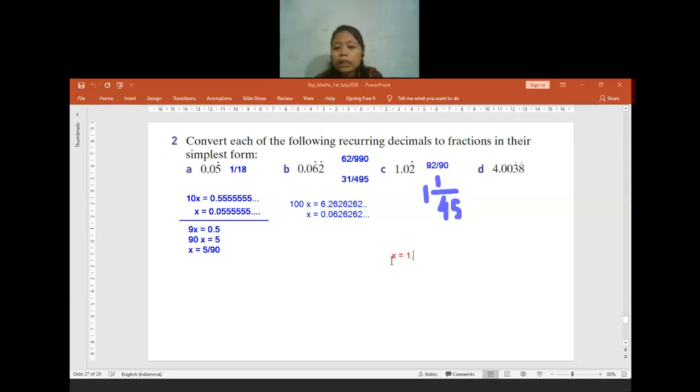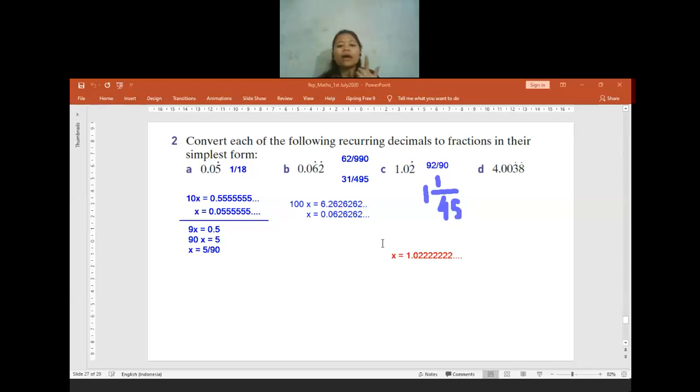1.02. Is it only 02? No, I want it in a long decimal. 1.02222, then this 2 is repeating, like this, right? Yes. After that, how many digits are repeating? 1.